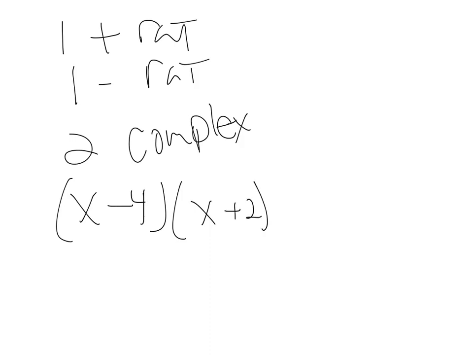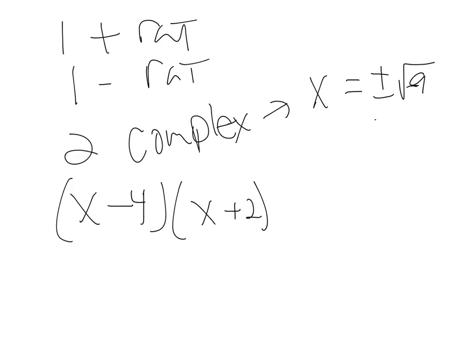And then to get the 2 complex roots, what you've got to remember is that the complex roots come from taking the square root of a negative number. So if I think about x being plus or minus the square root of, say, -9, not -9i.